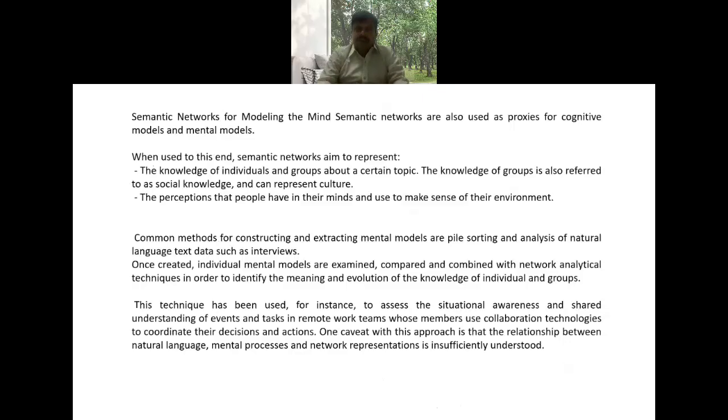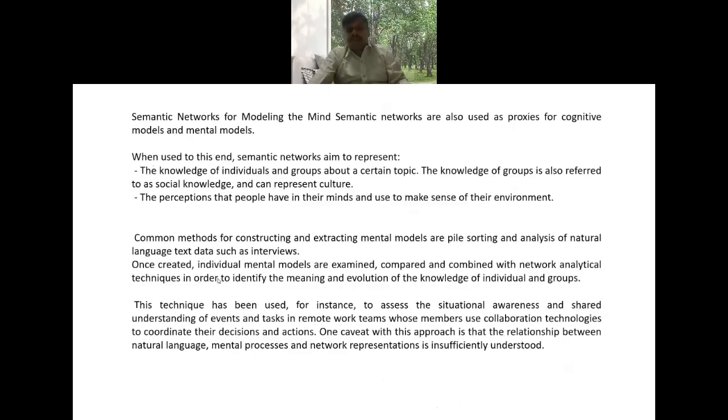The personal data may come to you, the professional data may come to you, and some interpersonal characteristics also you can extract. So this type of interview will be a part of extracting a mental model or constructing a model simply.